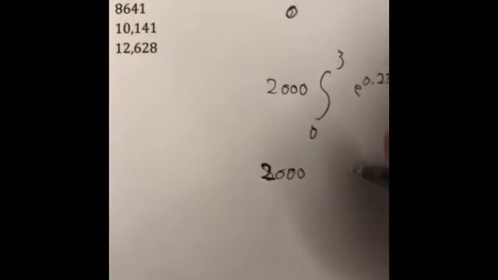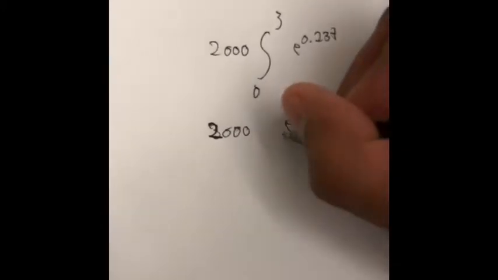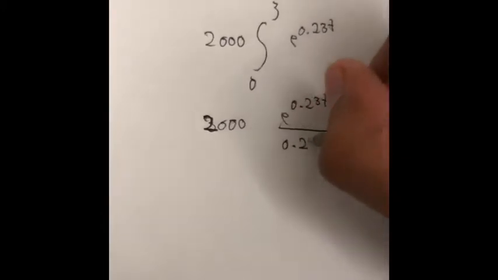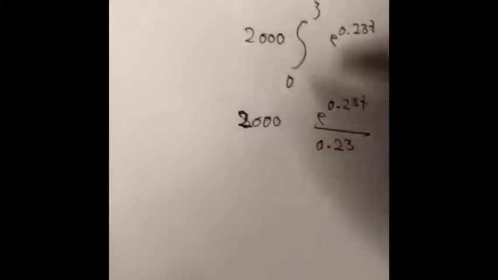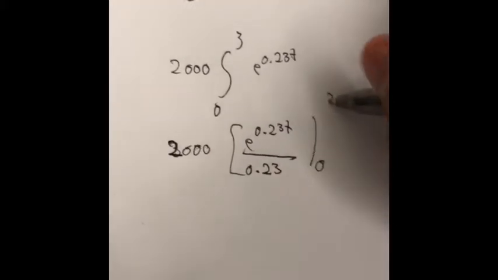We'll move the 2000 outside, and we'll have e to the power 0.23t. The integration of this is basically e to the power 0.23t divided by 0.23, from 0 to 3.